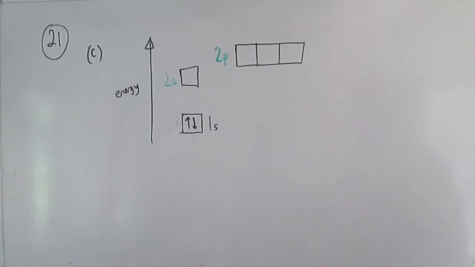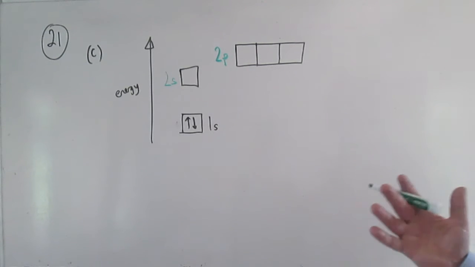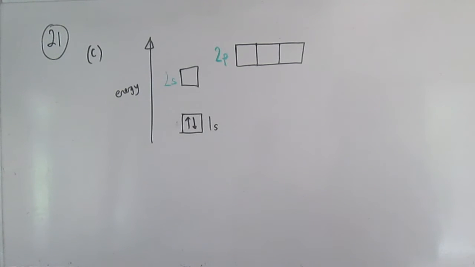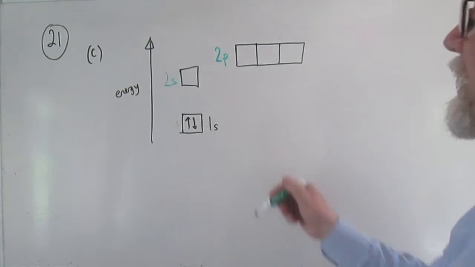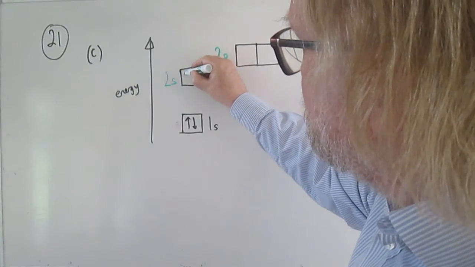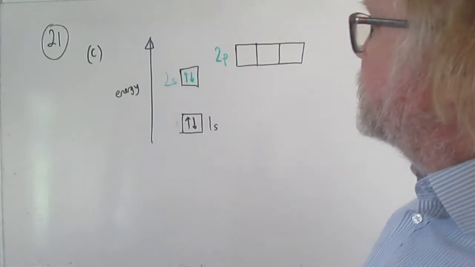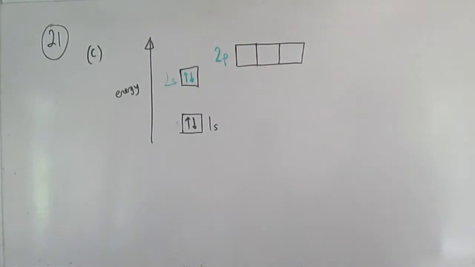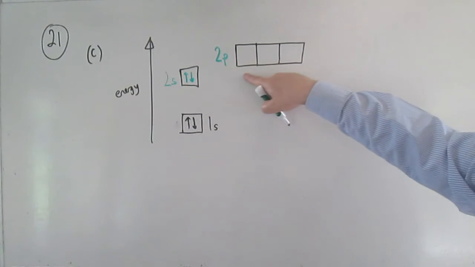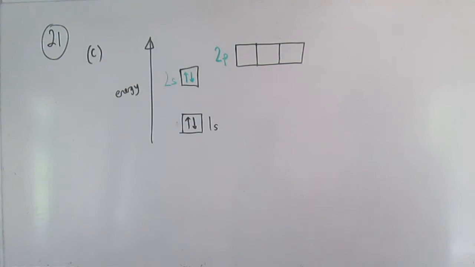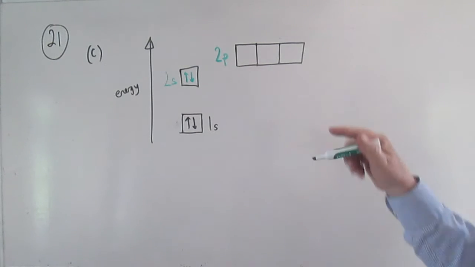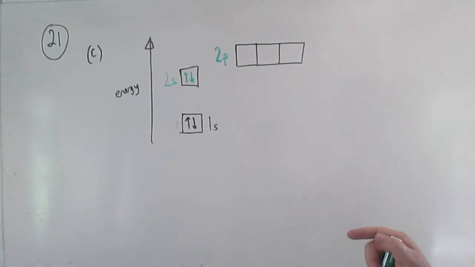And then oxygen is atomic number 8, so we have 8 electrons altogether to put in. So we've got 2 there, we can put 2 into 2s, gives us 4, and then we've got 4 electrons to distribute between these 3 orbitals in 2p, and remember that they will stay unpaired if they can, because by going into separate orbitals they will be further apart on average, therefore there's less repulsion between them.